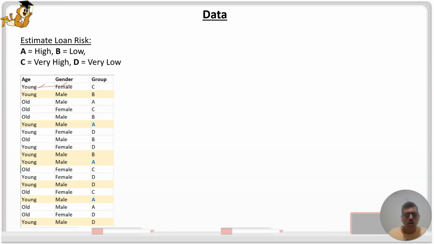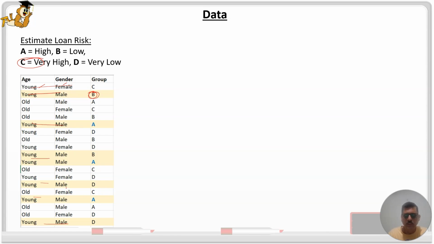You would look at all rows that involved young female, and then you would see what percentage of those belong to class C. Or for example, if you were doing the same exercise for young males, you would highlight all the rows that involved a young male, and the probability of a young male belonging to group B would be the number of young males lying in group B divided by the total rows involving young males, and so on.